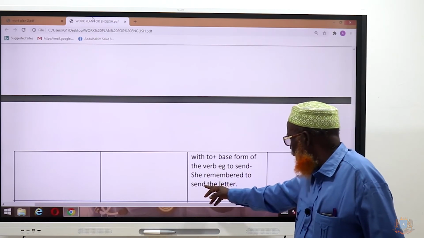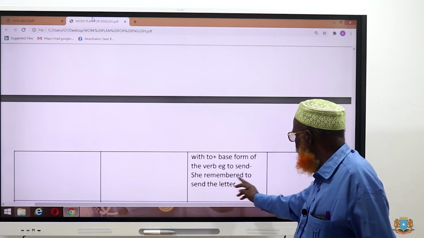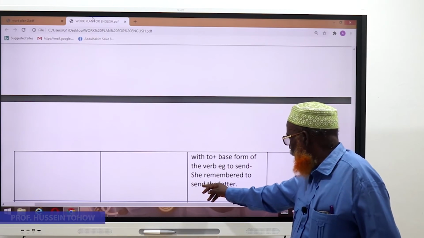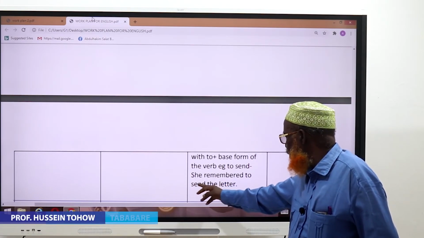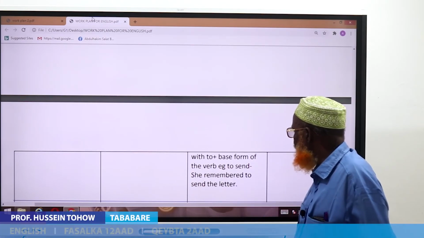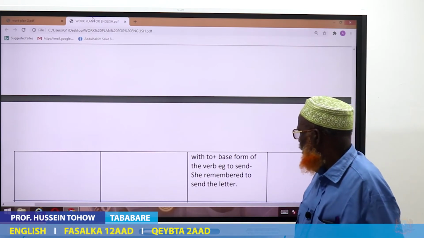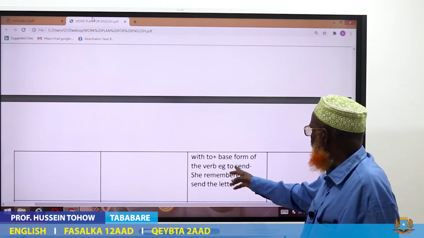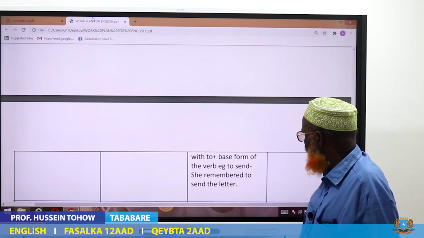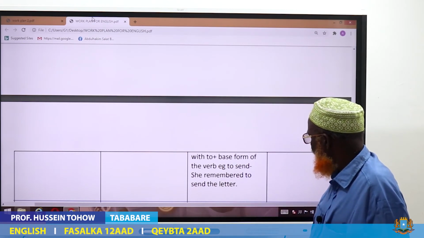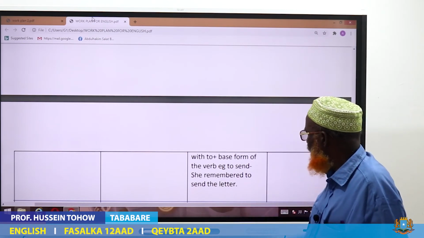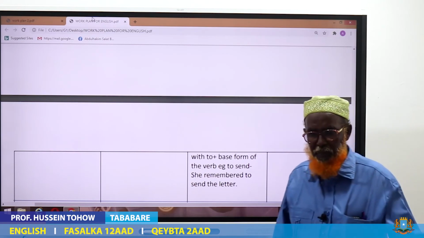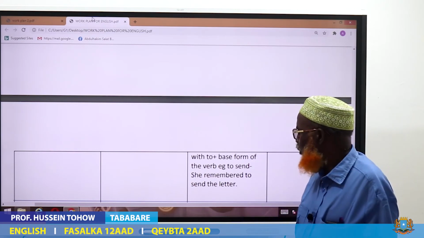Also, there is another verb, and to comes before this verb. So the infinitive verb is to send, and it says she remembered to send the letter. Now you can find this exercise in our book, Form 4.